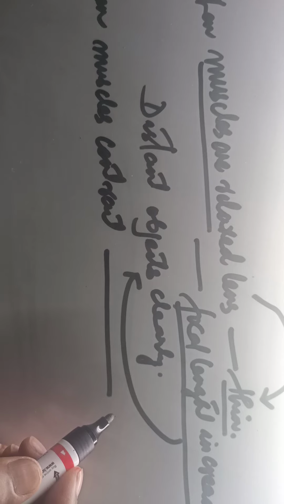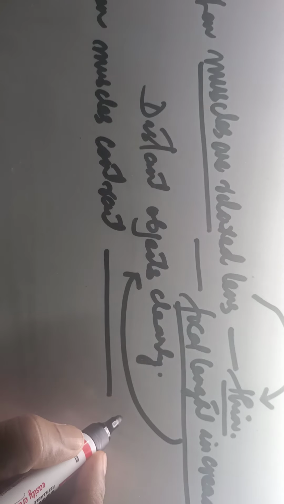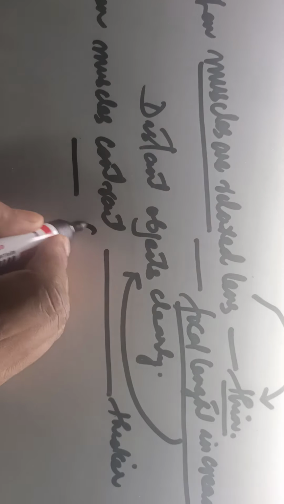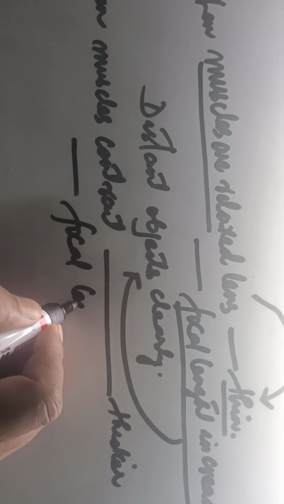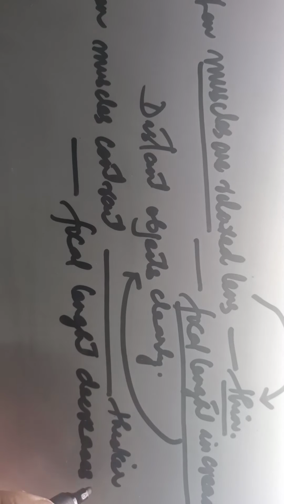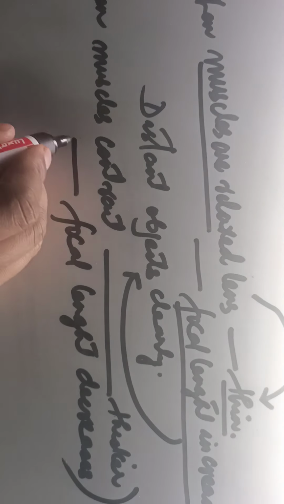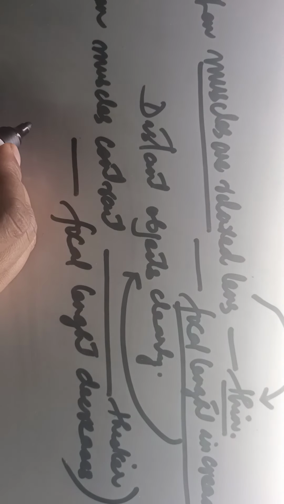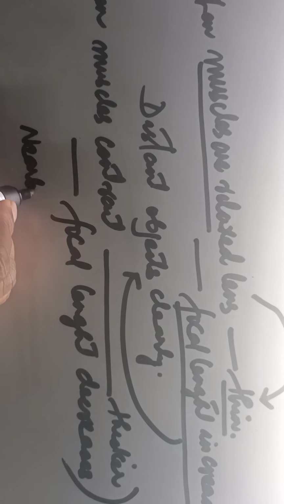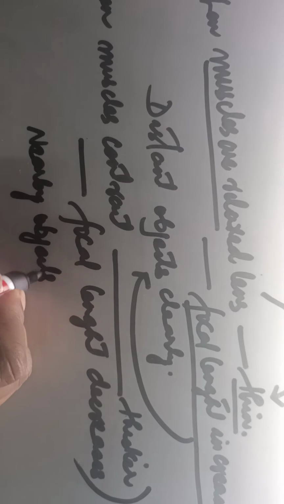This increases the curvature of the eye lens and the lens becomes thicker and the focal length decreases, right? The focal length decreases. Now in this situation, you are able to see nearby objects clearly.